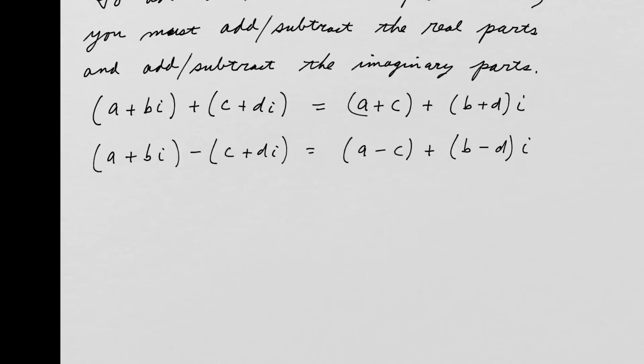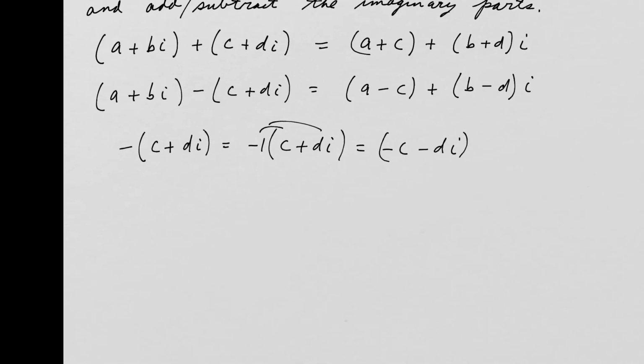Okay. The other way to think about the second part right here is you can think of distributing in the negative there. So think of this piece as -1 times c plus di. So if I distribute in that -1, I'm going to get -c minus di. And then really what I'm doing is I'm adding those two together, right? So if I go back, I have a plus bi.